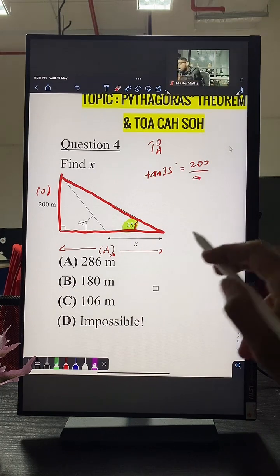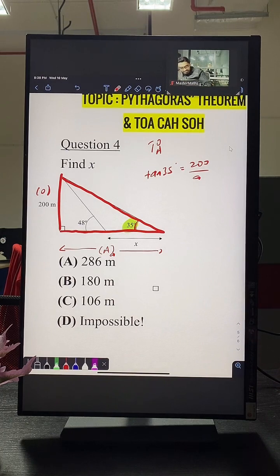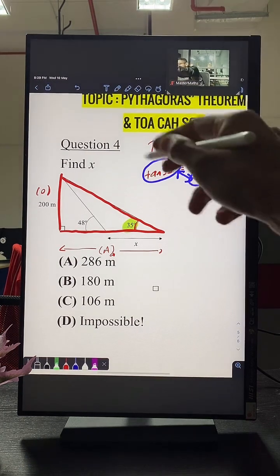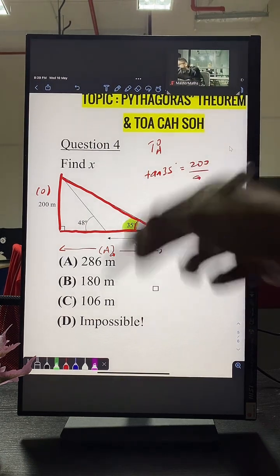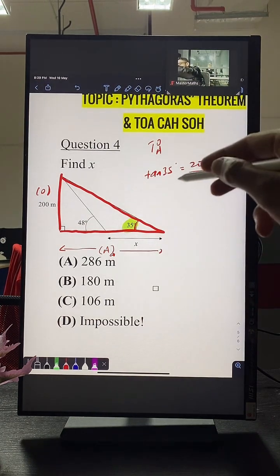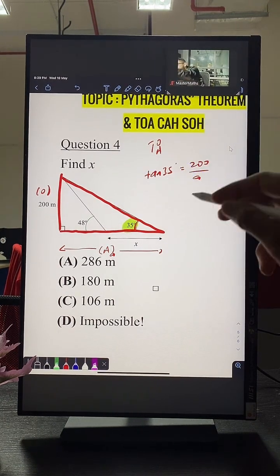Now how to find this small a? Same as just now. To find the small a, you can swap the a to the top and tangent 35 goes to the bottom. Why can you do that? Because the equal sign is there.